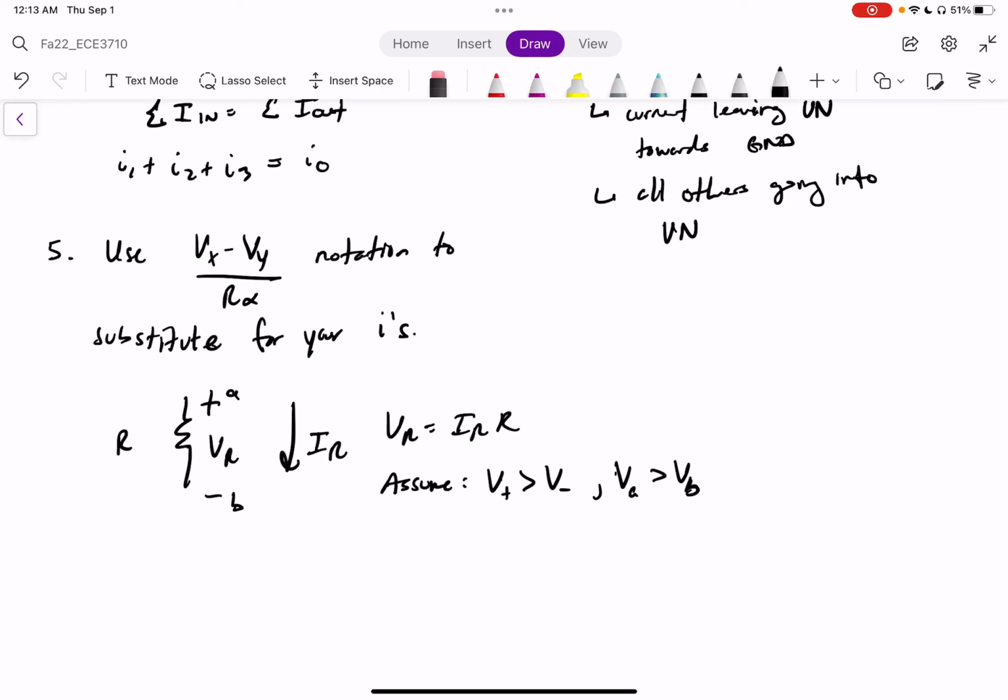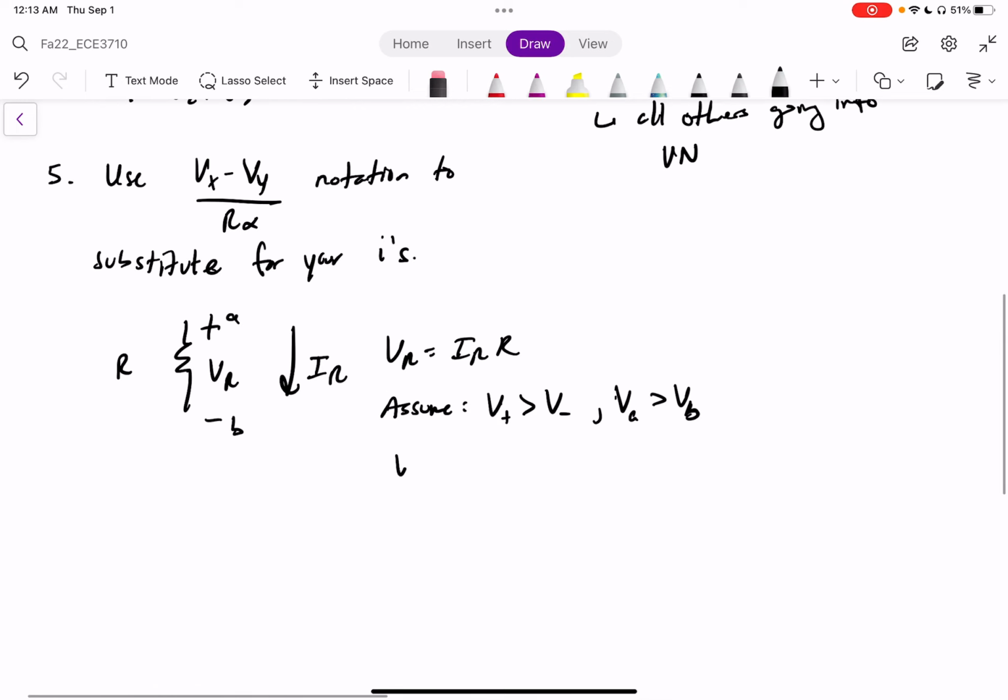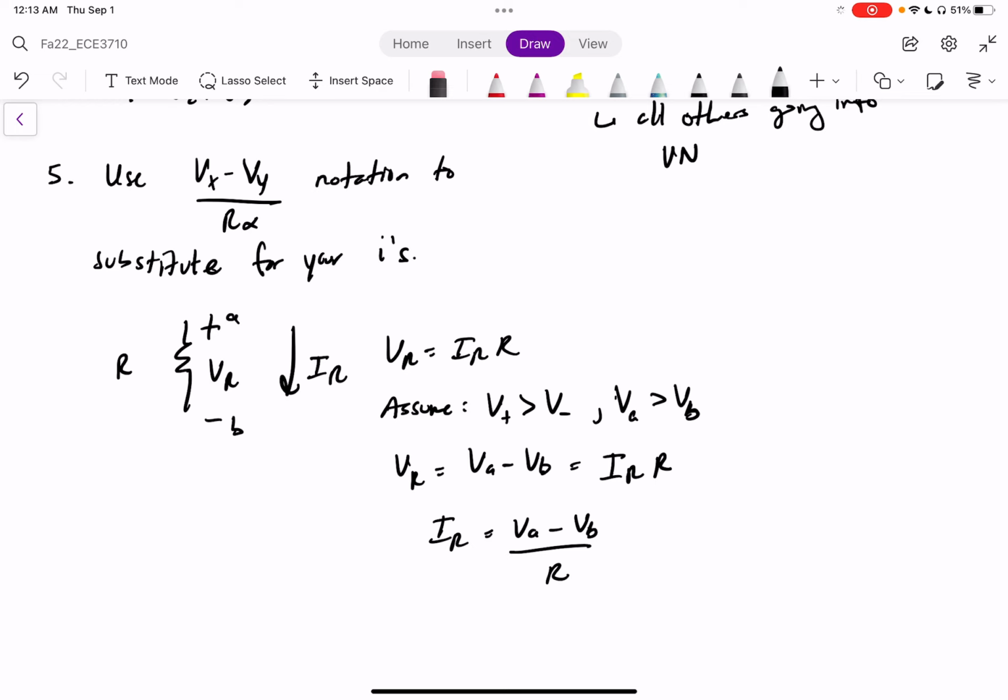Because we assume VA is greater than VB, we are going to state then that VR is equal to VA minus VB, which is then equal to IR times R, which means IR is equal to VA minus VB divided by R. Which means in this specific class scenario, we are saying that V initial minus V final over R is equal to IR.